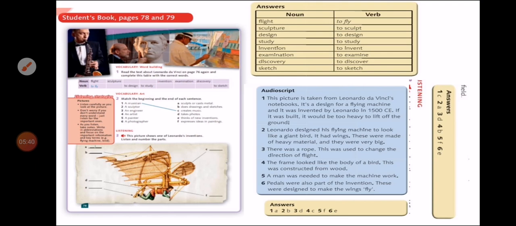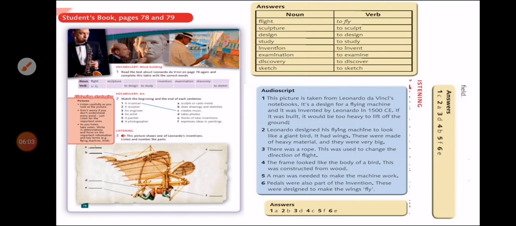Okay. Now, I'm going to also read the audio script again. We are going to listen and number the parts. راح أقرأ 6 parts, okay? Number 1.